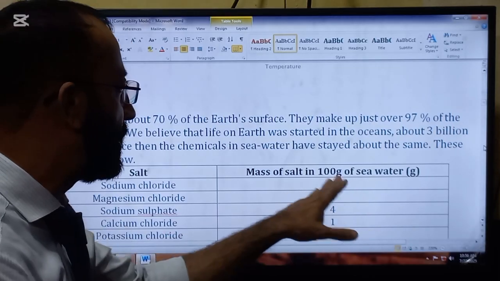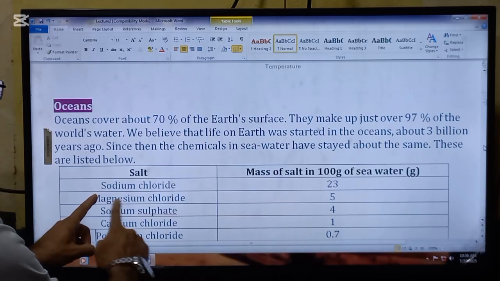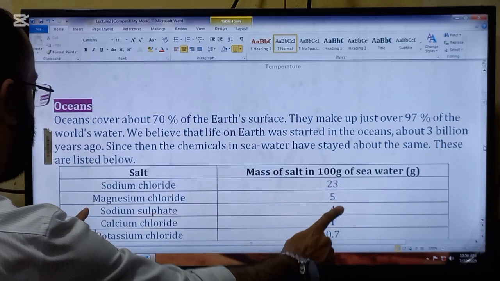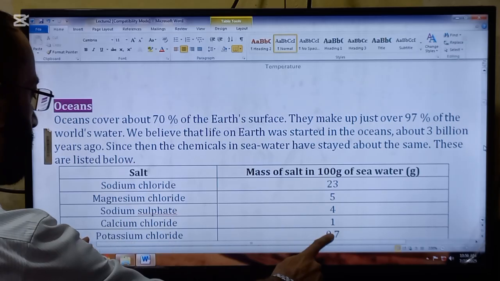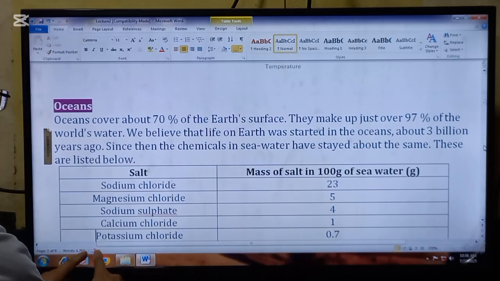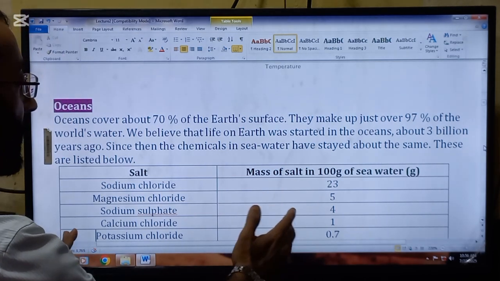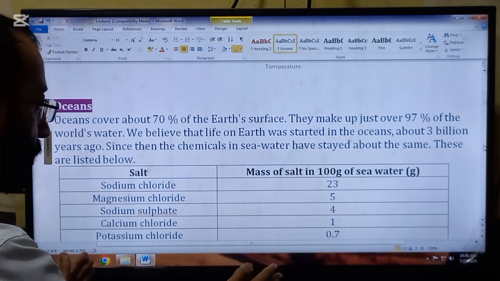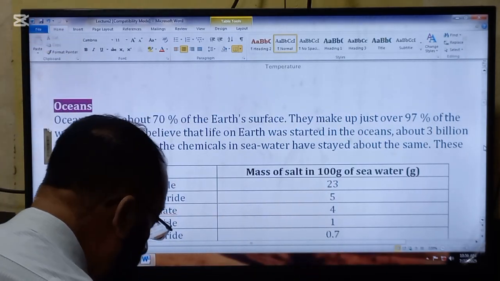So 100 grams of seawater contains 23 grams of sodium chloride, 5 grams of magnesium chloride, 4 grams of sodium sulfate, 1 gram of calcium chloride, and 0.7 grams of potassium chloride. You can see the highest proportion present in the ocean water is sodium chloride, almost 23%.